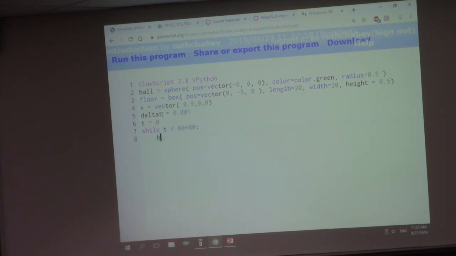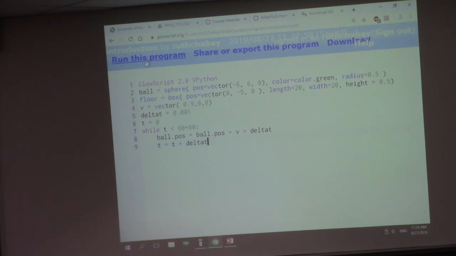We'll say ball dot position is ball dot position plus velocity times delta t. Now distance is speed times time, right? So a vector displacement is going to be velocity times time. And we better increment time.